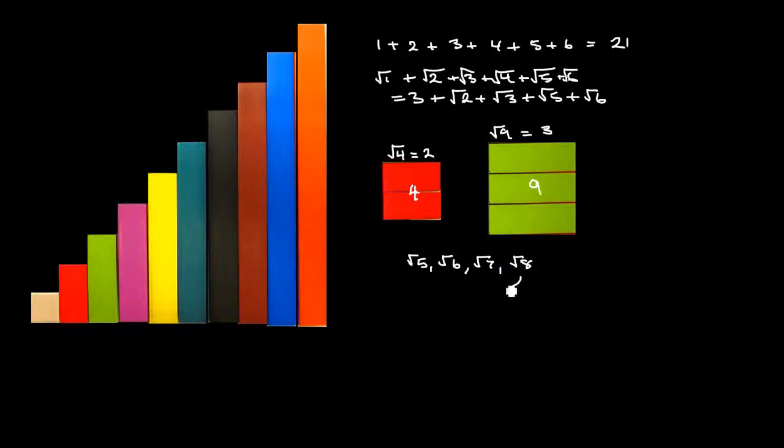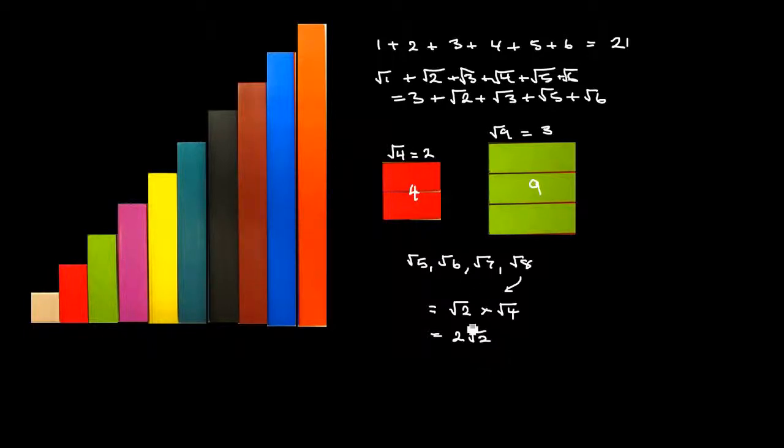Although, I guess we could begin to represent the square root of 8, because this, as we've seen, simplifies to the square root of 2 times the square root of 4, so that equals 2 root 2, because the square root of 4 is 2.